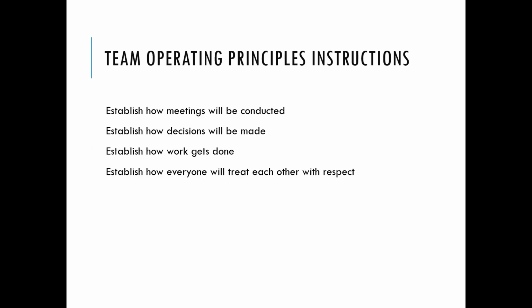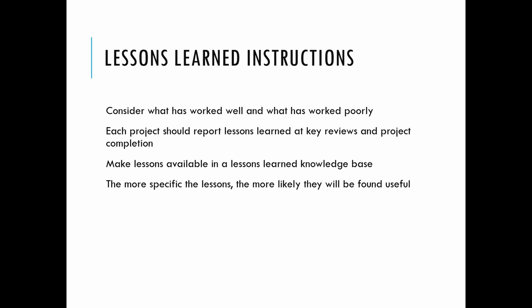These are a set of instructions for creating team operating principles. Establish how meetings will be conducted, establish how decisions will be made, and establish how work gets done. Establish how everyone will treat each other with respect. While formulating the lessons learned, we need to consider what has worked well and what went poorly.